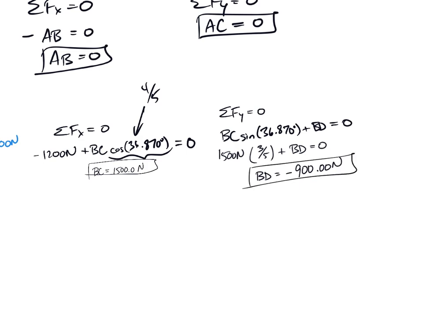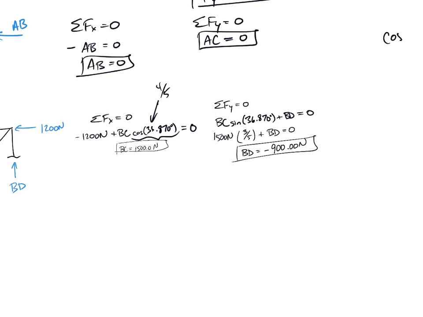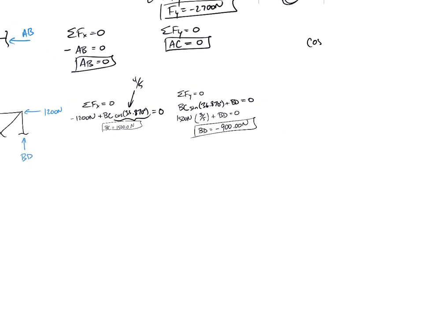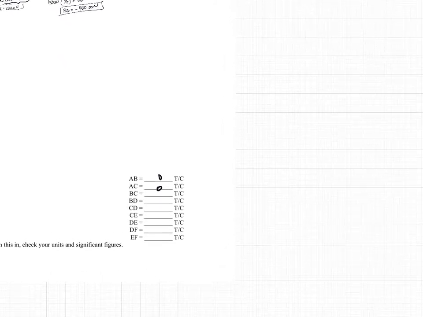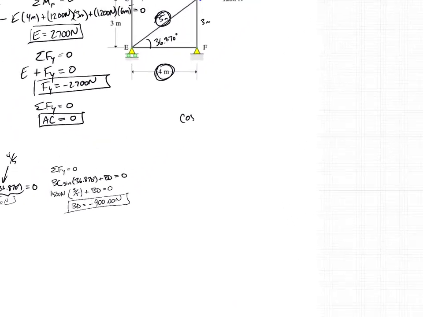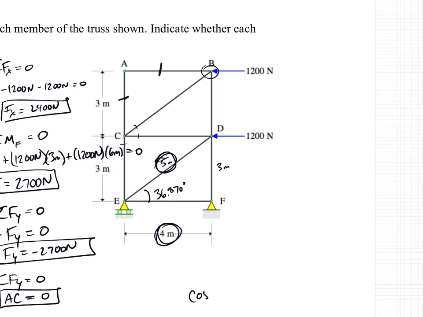Cool. So BD is 900 in tension and BC is 1500 in compression. Working our way along, we now know BC and BD.